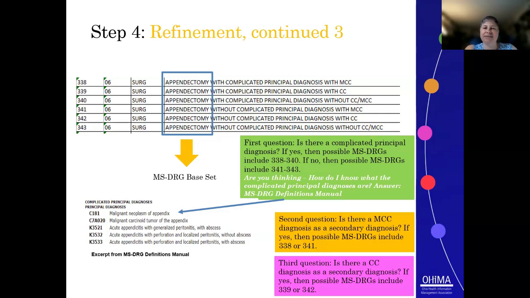In this case, the MCC overrules the CC and the admission is assigned to MS-DRG 338, because the MCC has a higher severity of illness, an extensive severity of illness, than the CC, which is just a moderate severity of illness. So our final MS-DRG is 338 in this example.